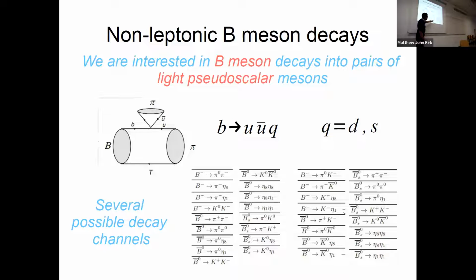So all these decays are triggered by this underlying transition for the bottom quark. So the bottom always goes to a u, u-bar and a q, and the q can have values either as a d or as a strange. So even though this transition seems quite simple, you can have a big plethora of final states, because you have to also consider the spectator.